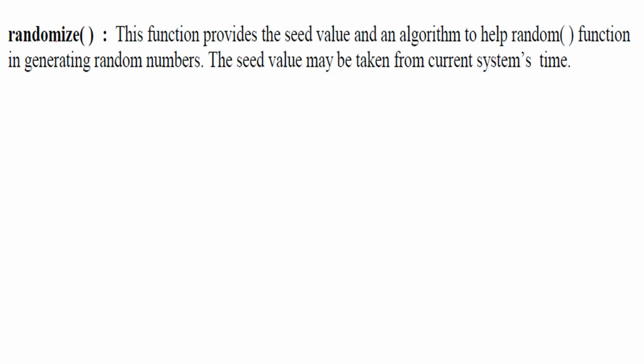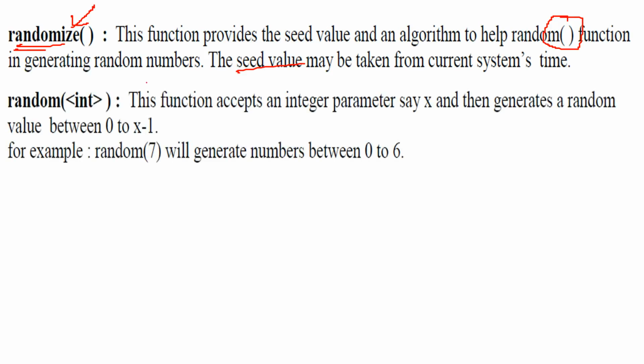So randomize, what this function does, this function will give you a seed value, and also an algorithm in order to help the random function to generate the random numbers. This seed value can be taken from the system, the current system time also.